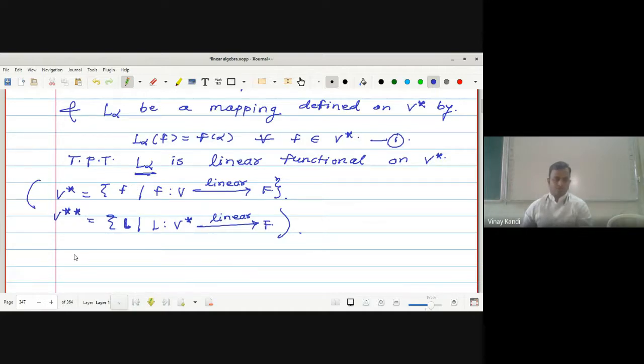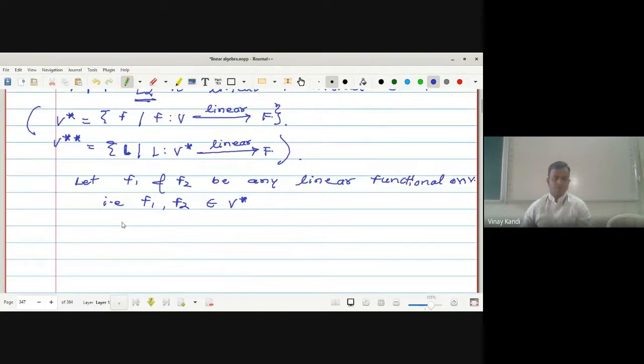Now let f1 and f2 be any linear functionals on V, that is, you have to take two elements from your domain. Let f1 and f2 be any two elements from V star, and take one scalar c belonging to F, any scalar.